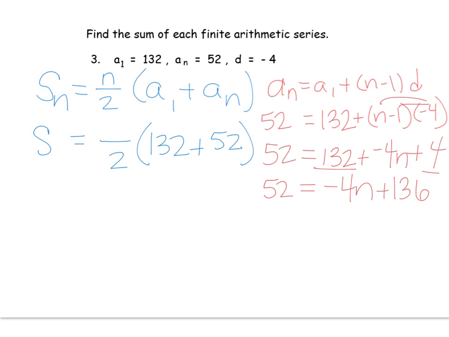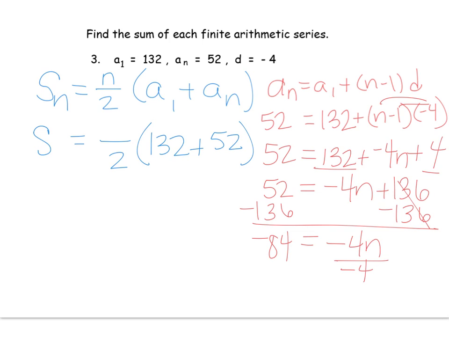So now I'm just solving this equation, trying to get the N alone, so I'm going to subtract 136 on both sides. I got -4N on the right, and 52 minus 136 is -84. And last, we divide by -4. And it's 21.